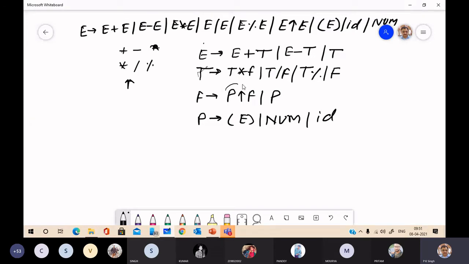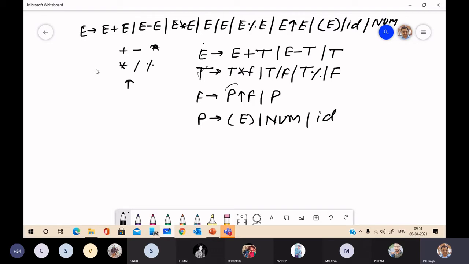If you have the power operator in your expression, then first it will find F and then you can apply multiplication. Okay, you just see the previous example.